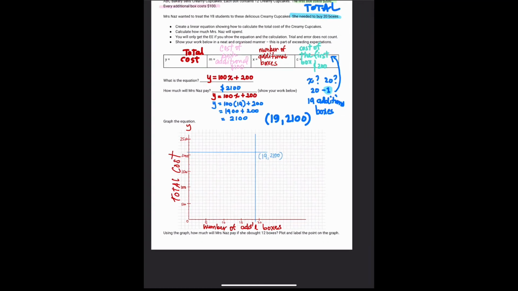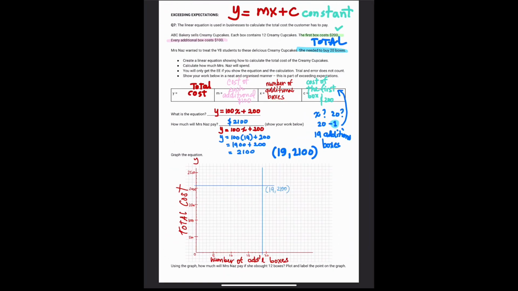Now you know, in order to make a line, you need 2 points. So I'm going to choose a number. Let's say, how much will Mrs. Nash spend if x is equal to 10? That means I bought 10 additional boxes.